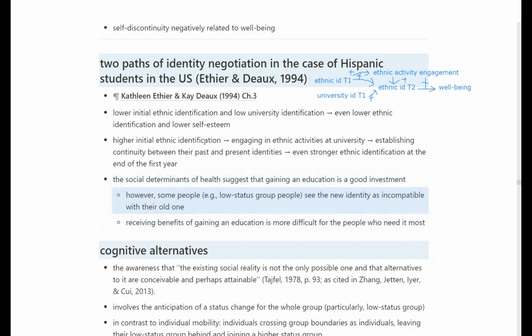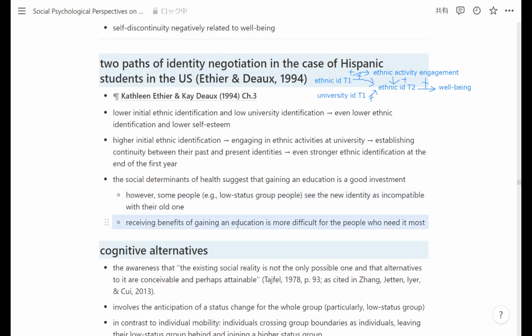However, some people, especially low status group people, see the new identity as incompatible with their old one. And when they perceive such incompatibility, receiving the benefits of gaining education is more difficult.